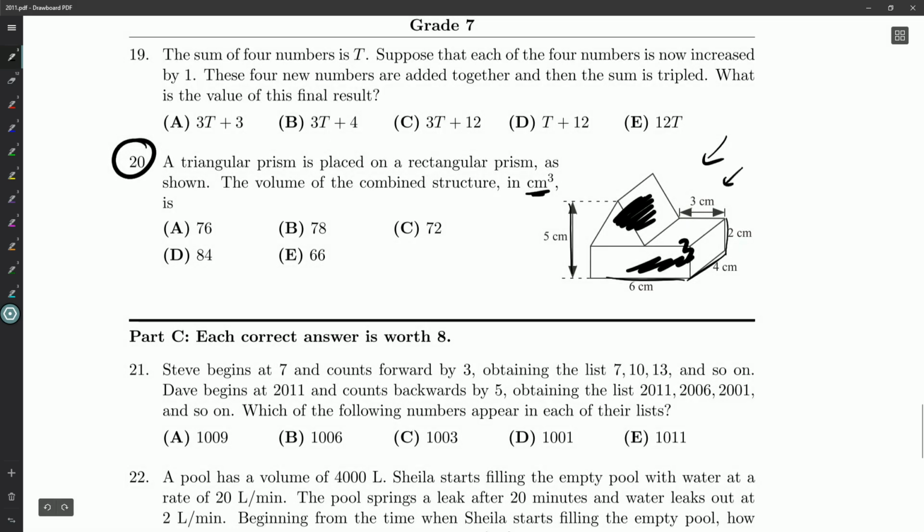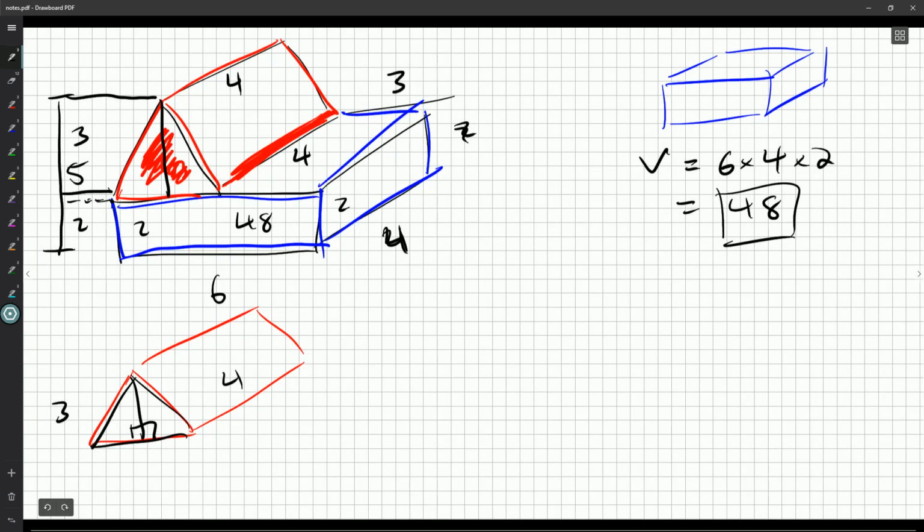And then there's this little 3 back here that helps us out. Okay, 3 here. That means that in total this length is 6, so what's left over to be the base of my triangle? 3. So the triangular base area is 1/2 times base 3 times the height 3.